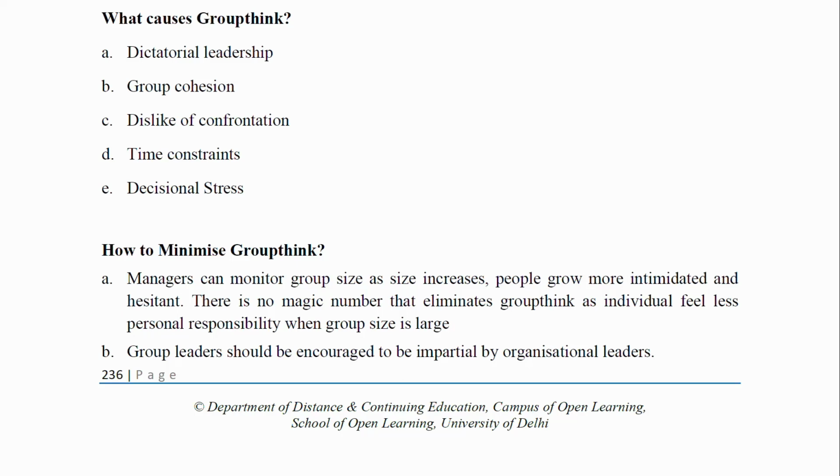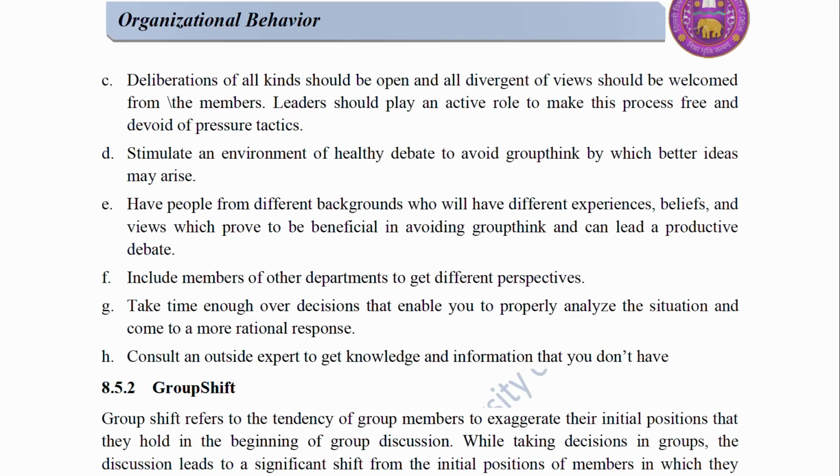Second, group leaders should be encouraged to be impartial by organizational leaders. Third, deliberations of all kinds should be open and all divergent views should be welcomed from the members. Leaders should play an active role to make this process free and devoid of pressure tactics. Fourth, stimulate an environment of healthy debate to avoid groupthink, by which better ideas may arise.